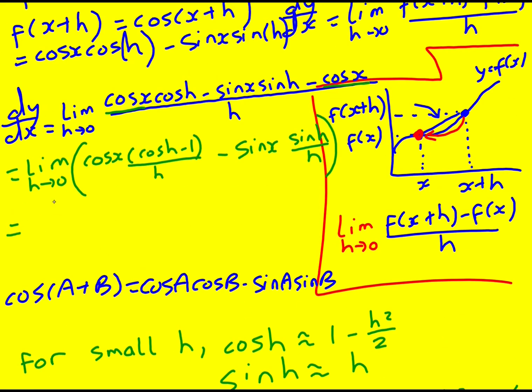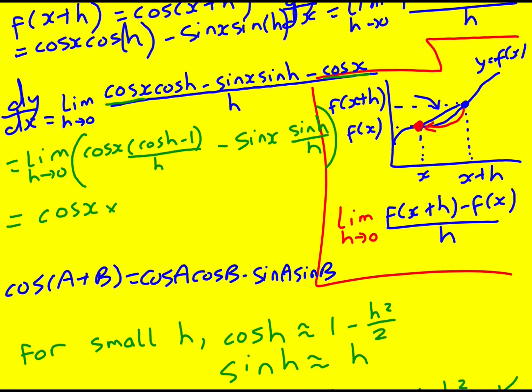And that means up here, we're going to get cos x times 0, now remember we said it became 0, cos x times 0, that's just going to go, minus sin x times 1. And that is our derivative shown.